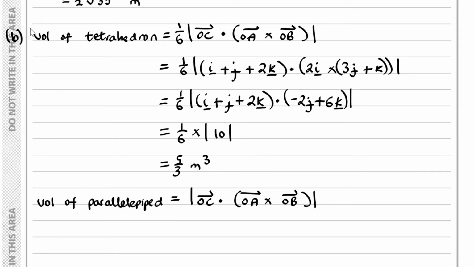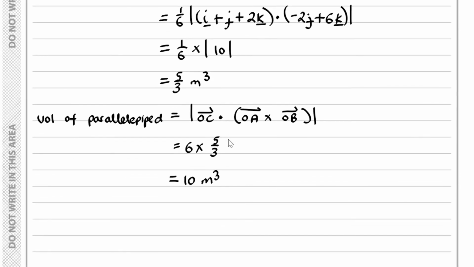You'll notice that the volume of the tetrahedron is 1/6 lots of the volume of the parallelepiped. So we need to multiply this tetrahedron by 6 to get the volume of the parallelepiped. So we have 6 multiplied by 5/3, which is 10, so we have 10 meters cubed.